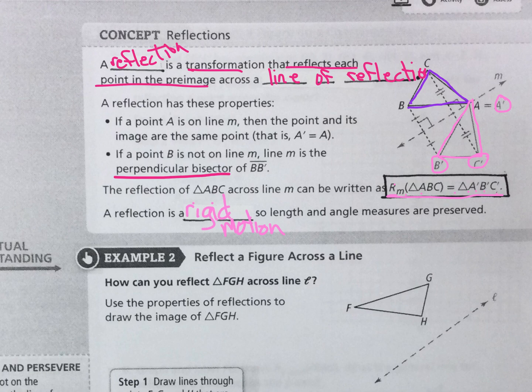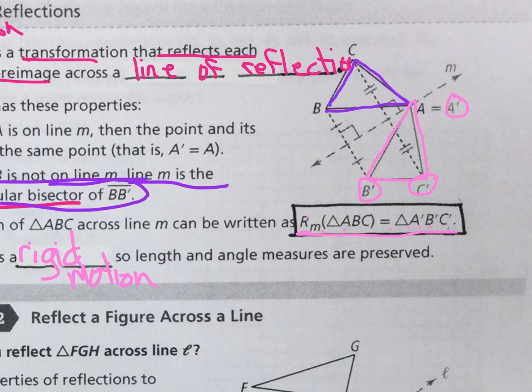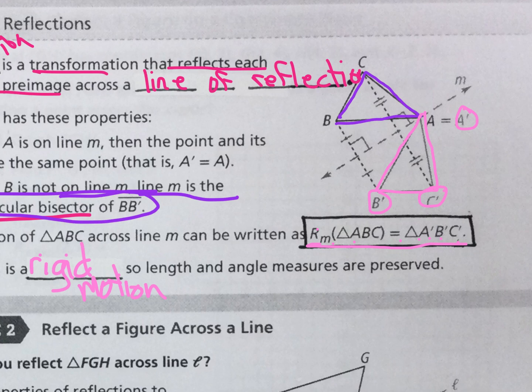Now the other part of this that I want to talk about is this part. Line M is the perpendicular bisector of BB prime. So if this is the line of reflection, the points are equal distance away. A is on it, so it stays on it. B, I'm going to reflect across this line and put it over here.